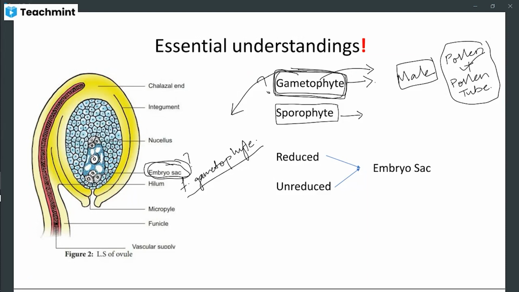Diploid. Okay, diploid. What do you mean by sporophyte? Yes, anyone? Someone has commented in the chat box.